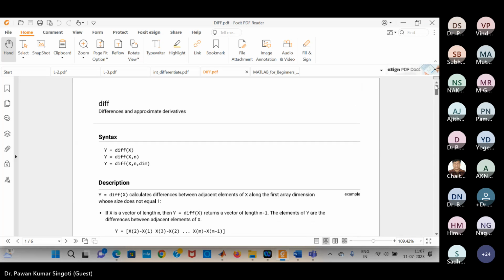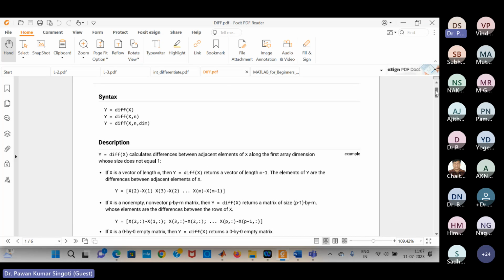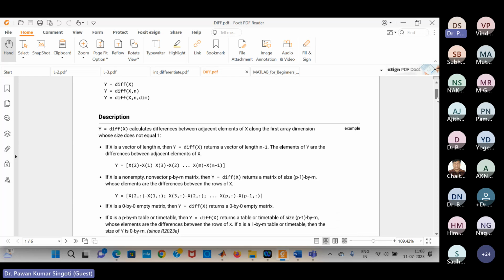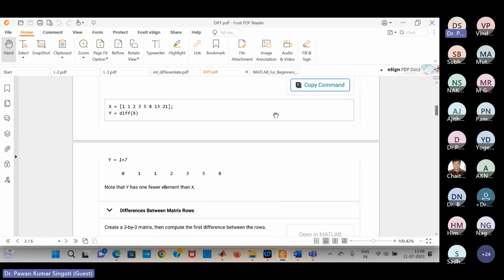We can see over here, it is possible in three ways. diff(x) for a vector, and diff(x, n) where n is the order given. Then the dimension is also given, to which dimension, 2 or 3, you have to apply it, that is also possible. So what diff is doing, you can see over here: x equal to a vector given over here, y is the output.